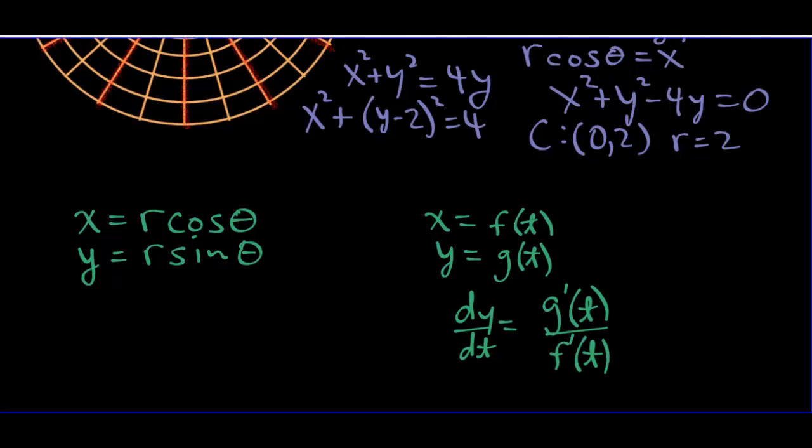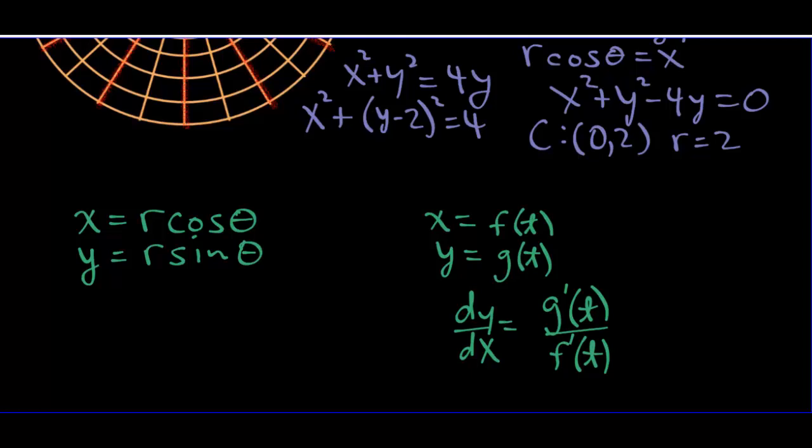In other words, the derivative of the y over the derivative of the x. Sorry about that, dy/dx would equal that. So this is what we've taken note of before.